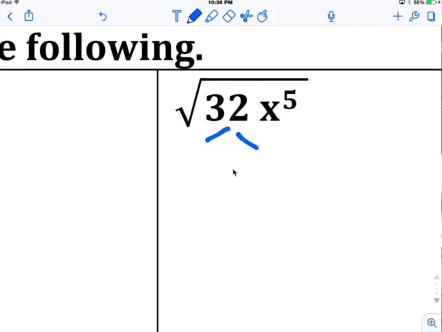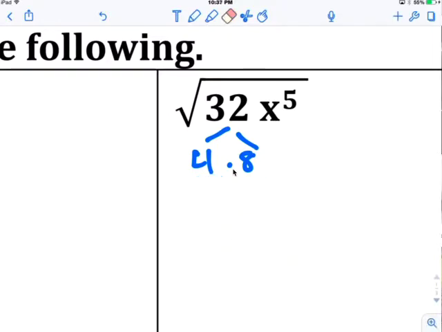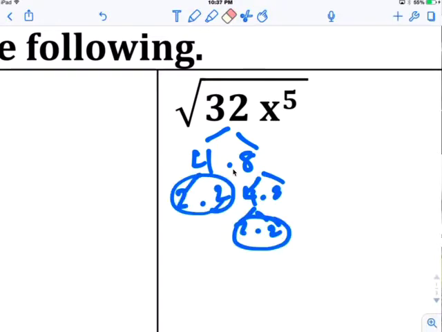It's called an irrational number, square root of 32. It's 4 times 8. This is 2 times 2. This is 4 times 2. And this is 2 times 2. Okay, so you can see better.